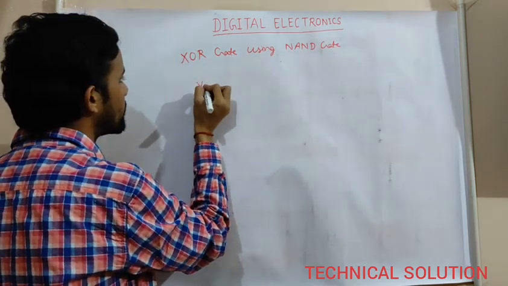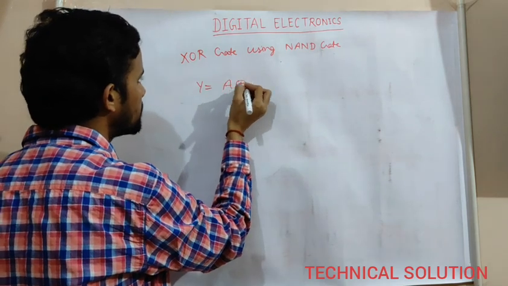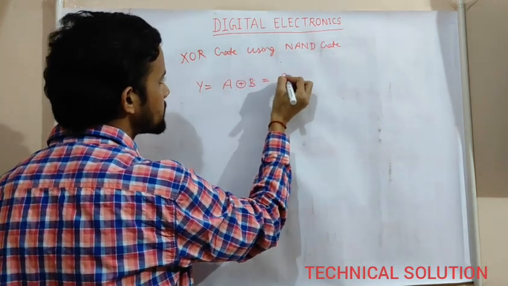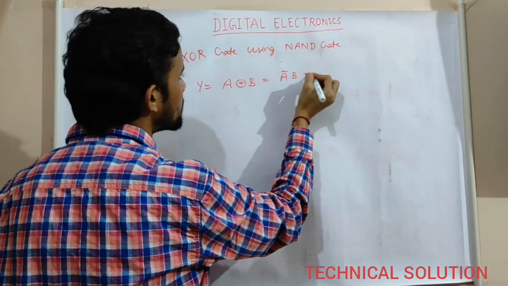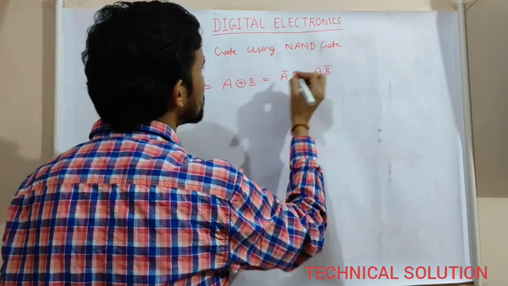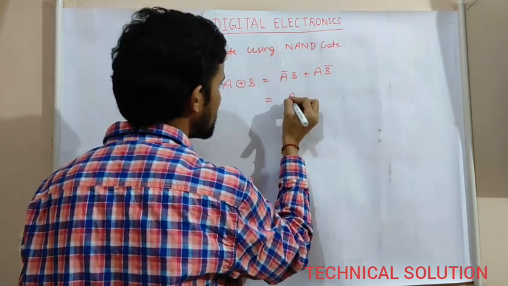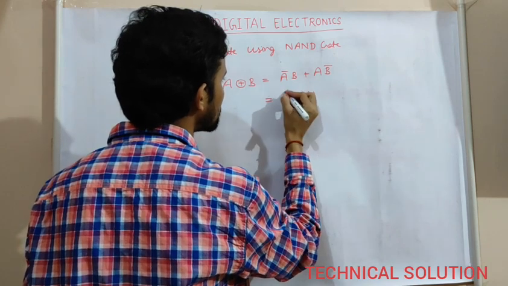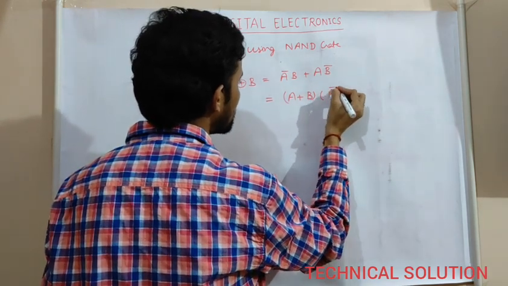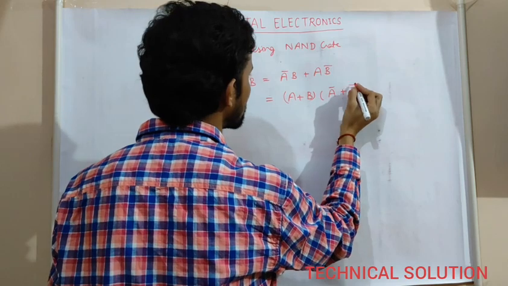As you know, the output of the XOR gate is given by A XOR B, which can also be written as A bar B plus A B bar, or as (A plus B) times (A bar plus B bar).